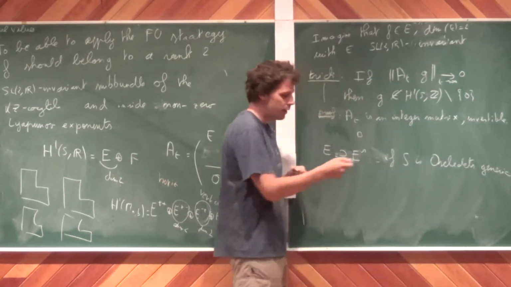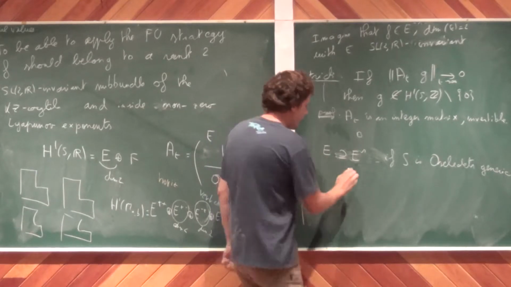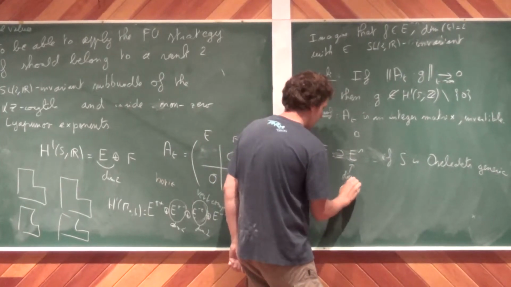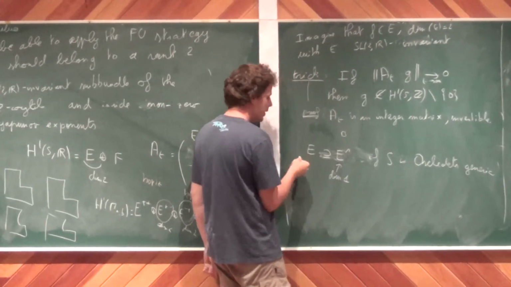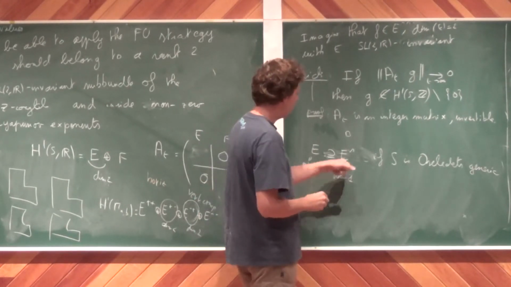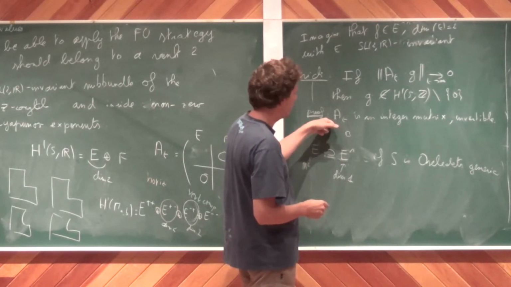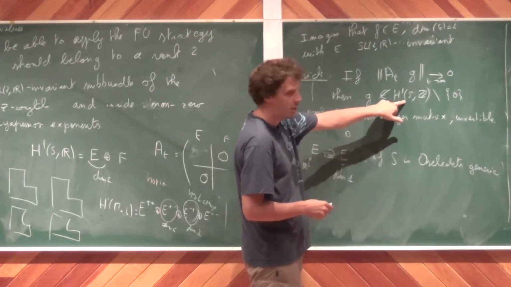Or actually you only need this lim sup condition. And this ES is dimension 1. Recall that E is dimension 2, so you can consider that this is like R2. And this is dimension 1, and it does not intersect the Z2 lattice.